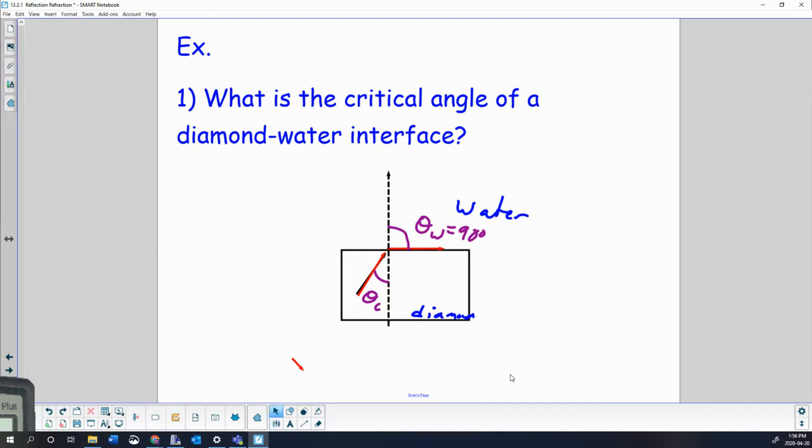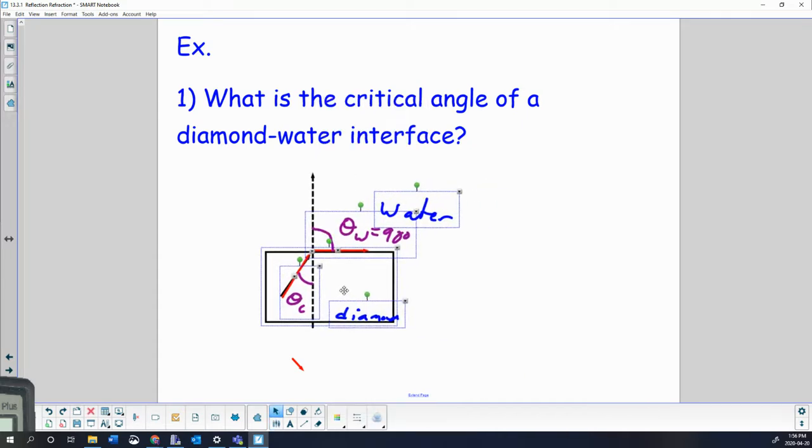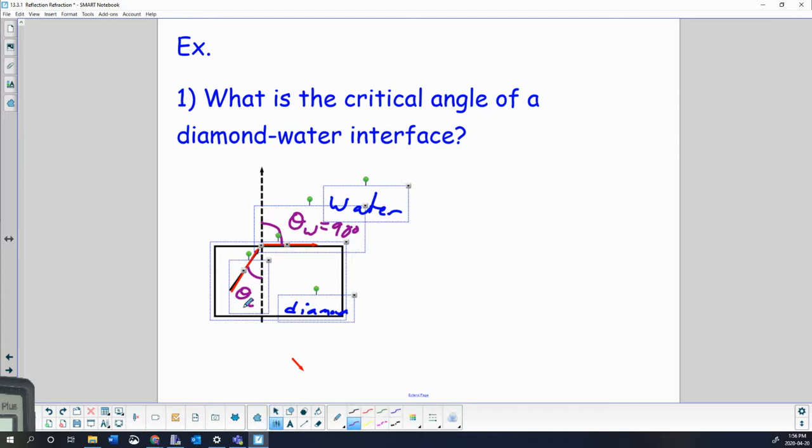So that's the picture we have of this situation. Let's see if we can solve for it once we understand that.